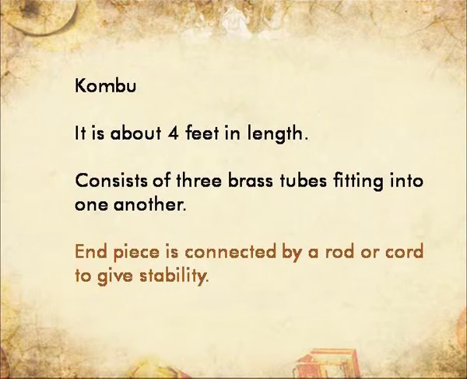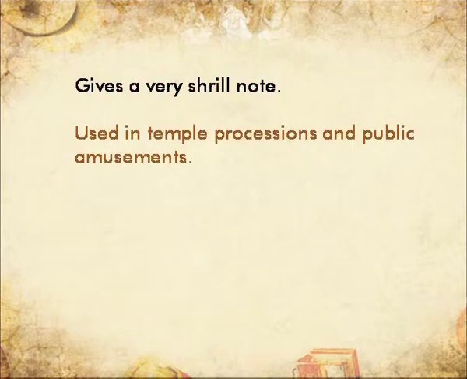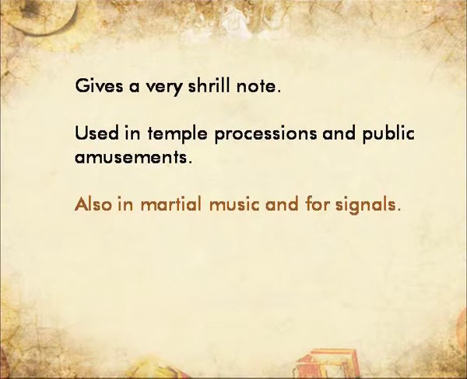The end piece is connected by a rod or cord to give stability. It gives a very shrill note and is used in temple processions and public amusements. It is used in martial music and also for signals.